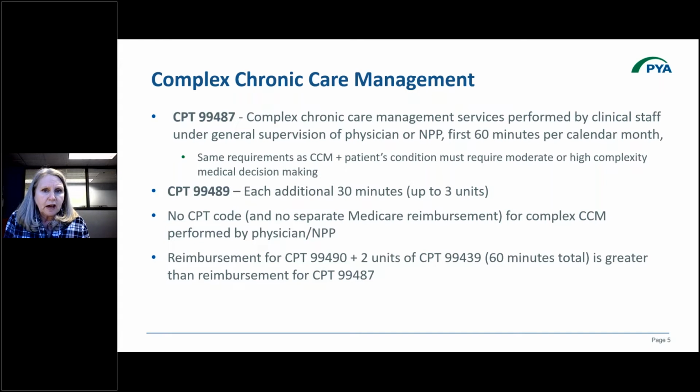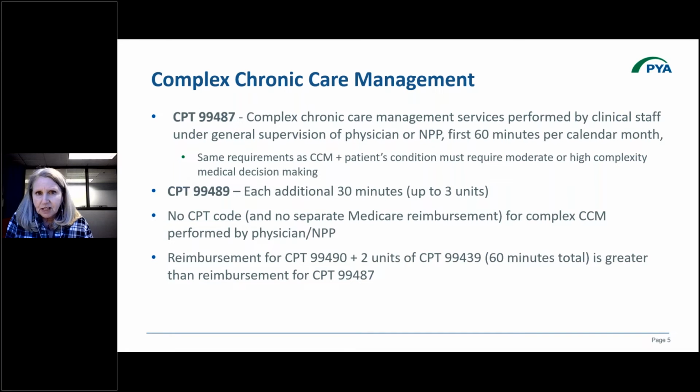Also appreciate that complex CCM was made reimbursable prior to there being add-on codes for 99490. And thus, at the end of the day, when you do the math, the reimbursement for traditional CCM, 99490 plus the 2 allowable units of 99439, that reimbursement is actually greater than the reimbursement for complex chronic care management.